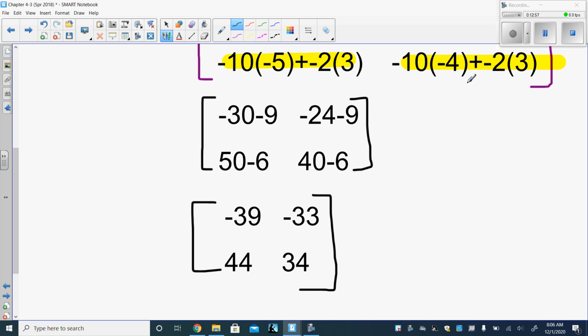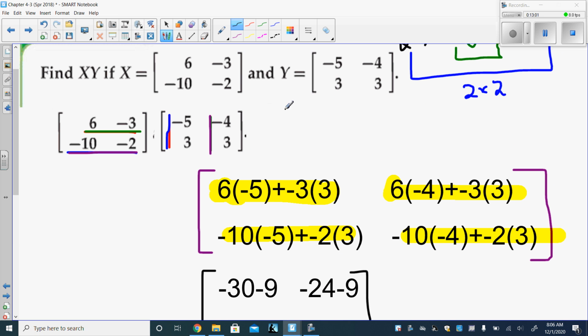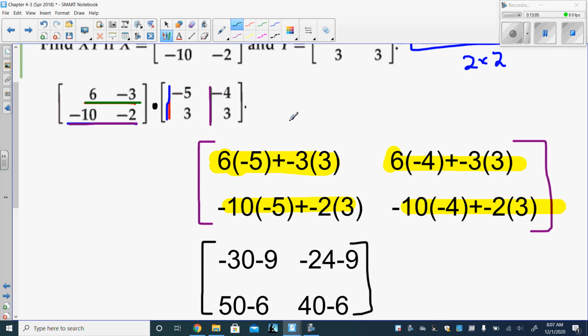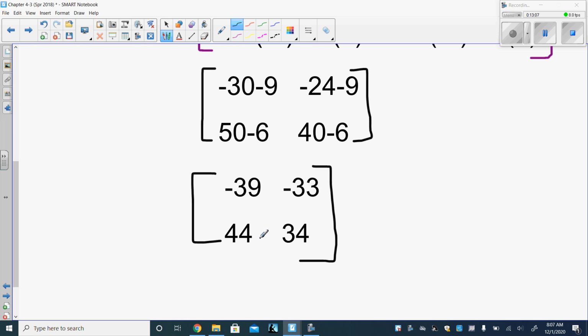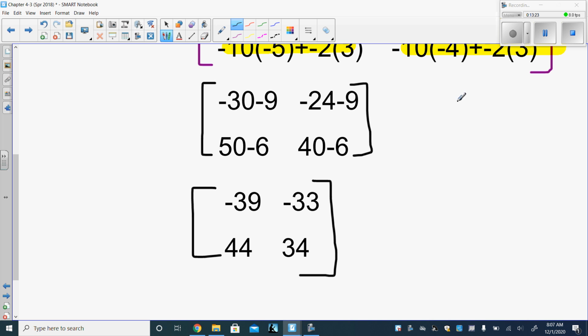When we multiplied these two matrices, x and y, we ended up getting a 2 by 2 matrix, 2 rows and 2 columns, and it was negative 39, negative 33, 44, and 34. And that's it. We're done with this one here.